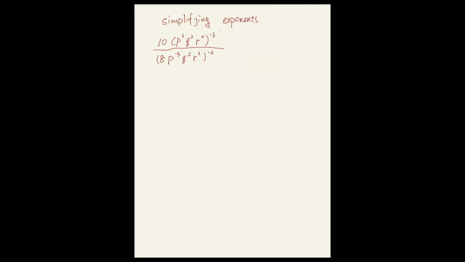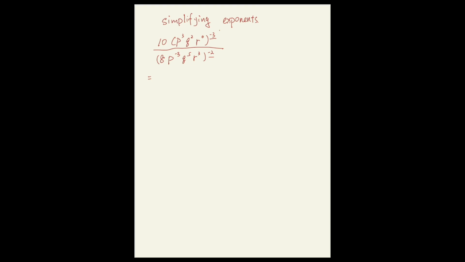Try to simplify the exponent first. Let's do it together. For this part, we know this is division, but we can solve the negative 3 and negative 2 first. If the exponent is negative, we change the position.